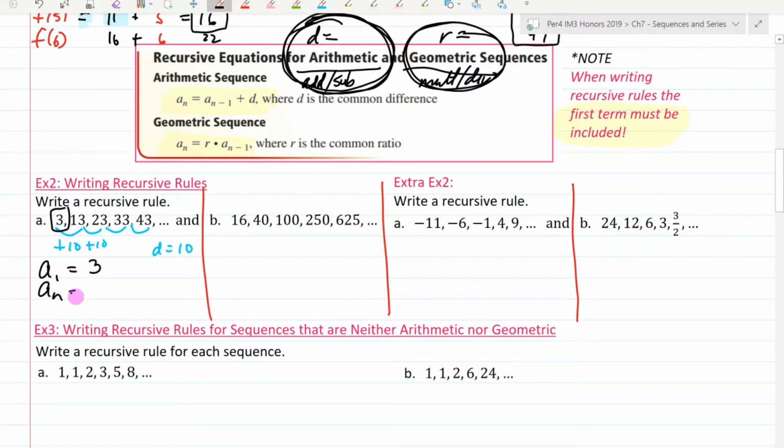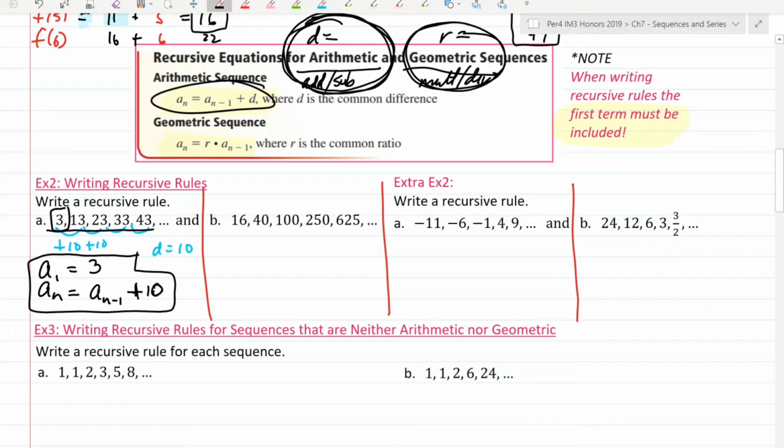And then the rule is the previous term, this is how you write the previous term, plus 10. Because that's how they do this sequence. They just start at 3 and then they keep adding 10. And so that's all you have to write. That's this kind, plus D.